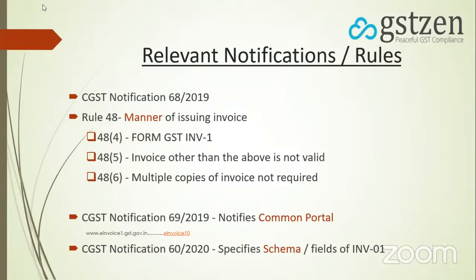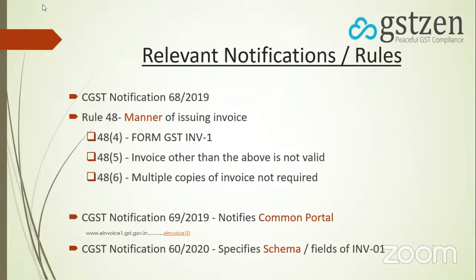Notification 69/2019 notifies the common portal, that is einvoice1.gst.gov.in. Now new portals have also been notified. The 5 new portals have been notified recently. We'll take a look at them after this.